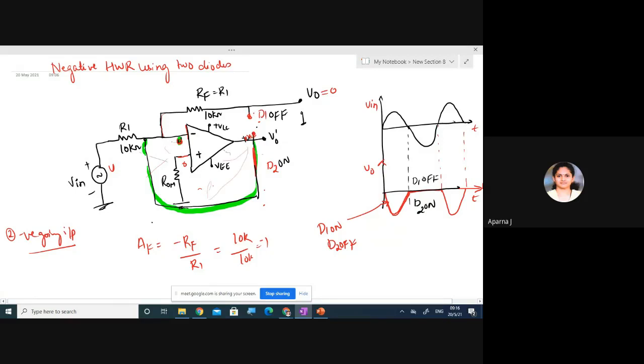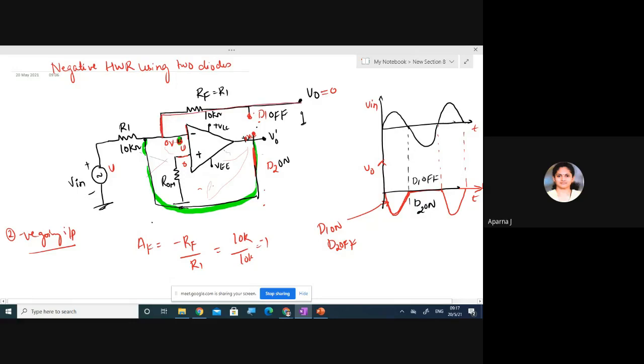Clear? Initially, there is a negative voltage when we apply, but once the diode D2 is conducting, it is in a feedback mode, negative feedback. And since we have a negative feedback here, due to the concept of virtual ground, since the positive terminal is at 0 volt, the negative terminal will also be at 0 volt, and the output is connected to this point through RF.